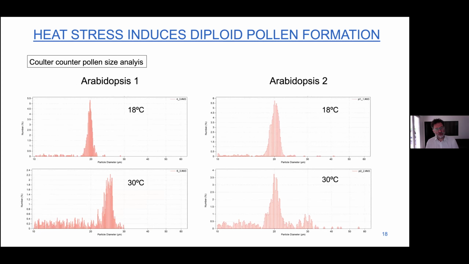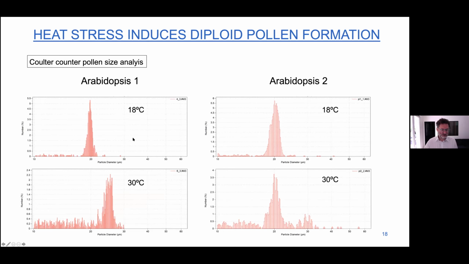A funny consequence of this sensitivity of meiosis to high temperature is that in Arabidopsis accessions that are hypersensitive to high temperature, we can use high temperature treatment to produce pollen that are diploid instead of haploid. This is shown in two examples here, in Arabidopsis accession 1.